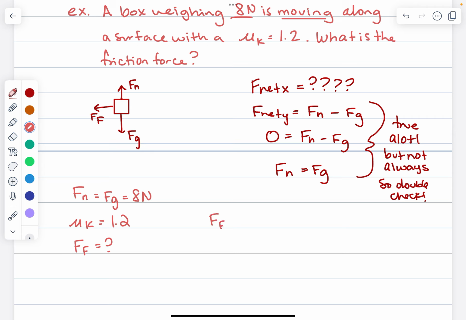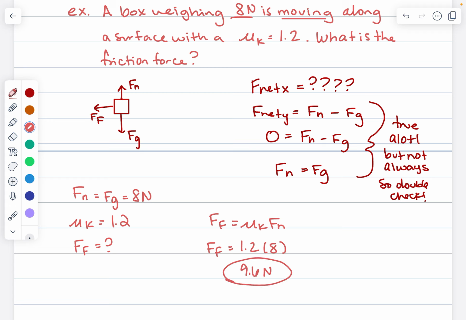So FF is equal to UK Fn. So FF is equal to 1.2 times 8, which is 9.6. There you go. So I can use this equation to find friction.